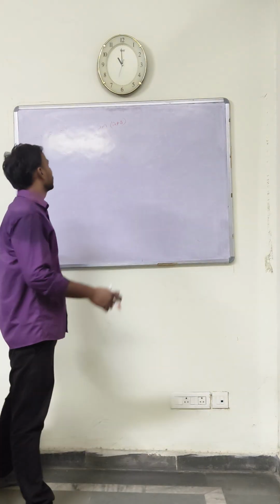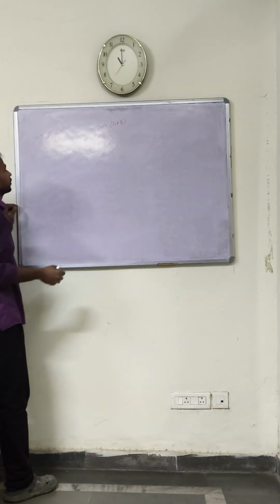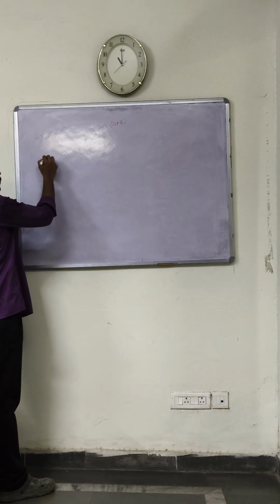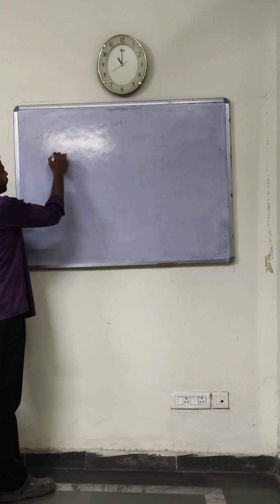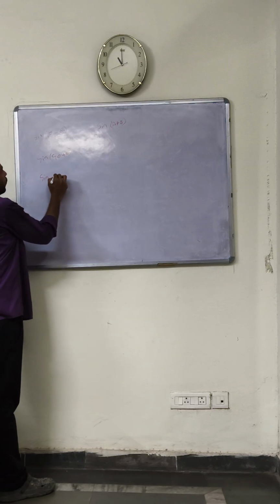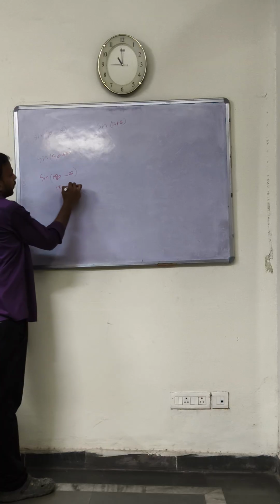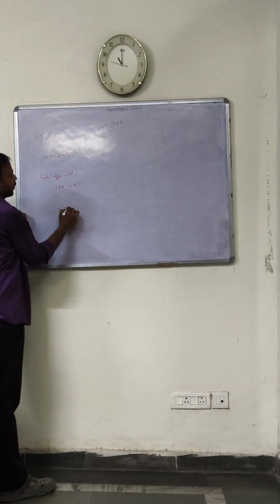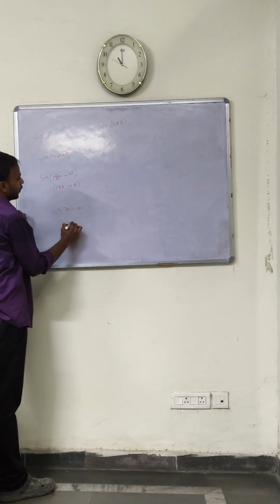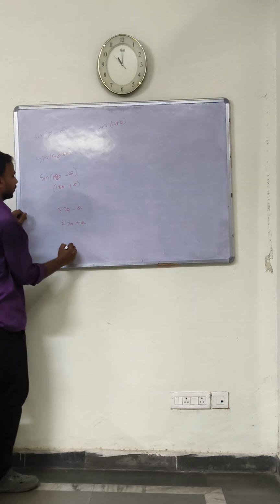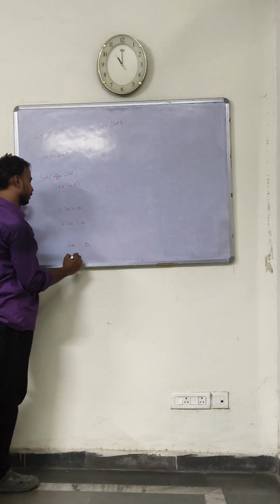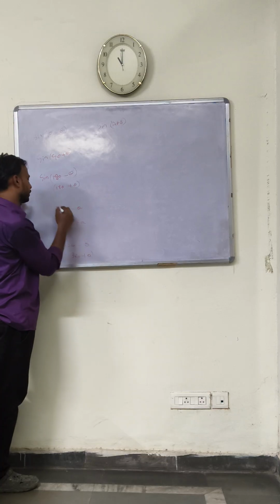Here, sine 90 minus theta. Similarly, sine 90 plus theta, sine 180 minus theta, 180 plus theta, 270 minus theta, 270 plus theta, 360 minus theta, 360 plus theta. Everything you must understand.